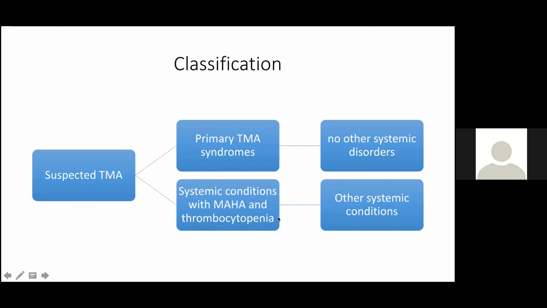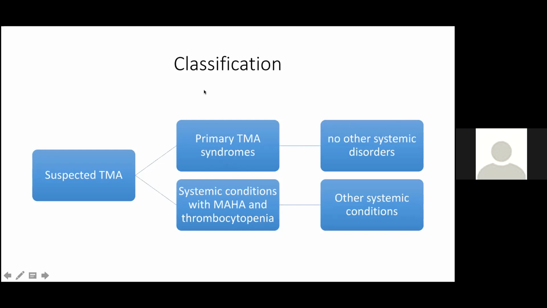And when there are no underlying systemic conditions with thrombosis and microangiopathy, we call it primary thrombotic microangiopathy syndromes. I think it is clear to you. So in primary thrombotic microangiopathy syndromes, there will be no other systemic disorders.